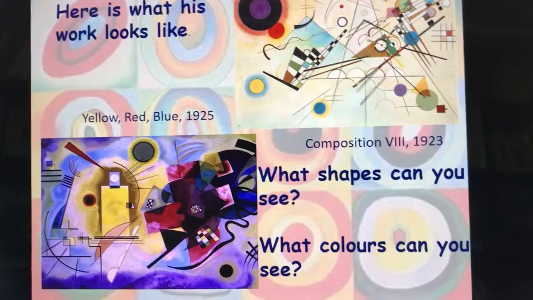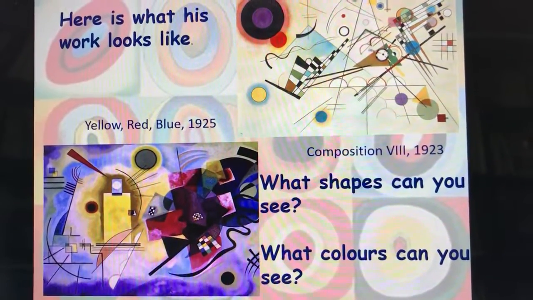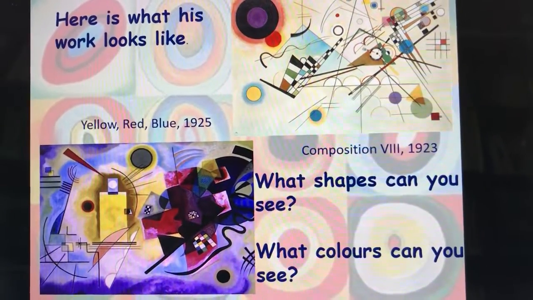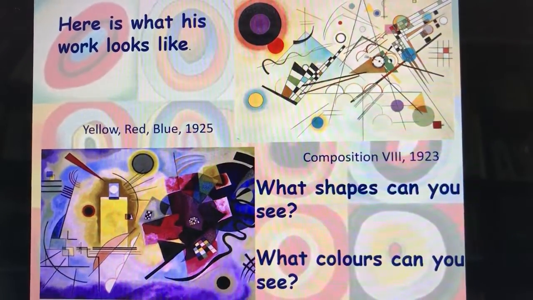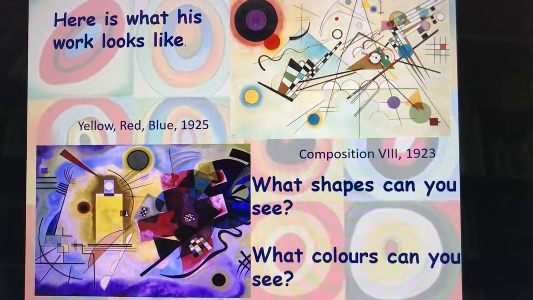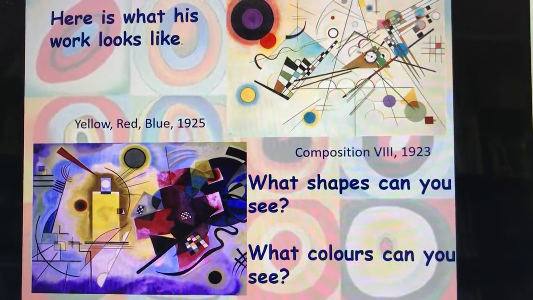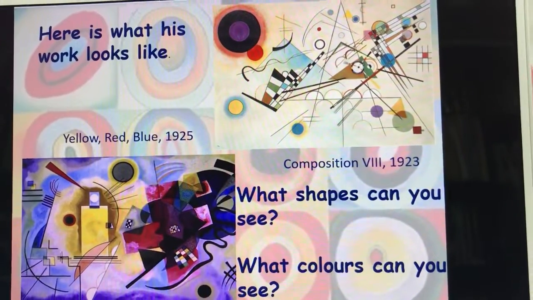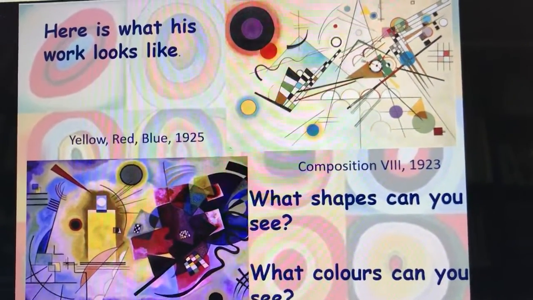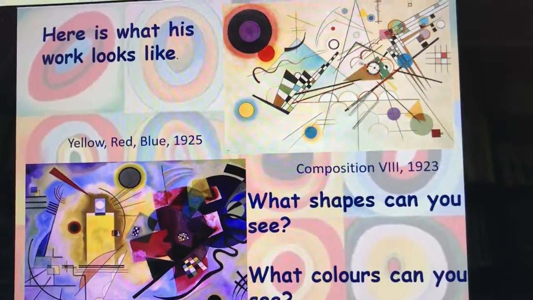Okay, so what shapes can you see there? You probably see some geometric shapes, right? Some organic shapes, with a lot of curves, some circles. Those are the shapes you are going to work on for the next project.